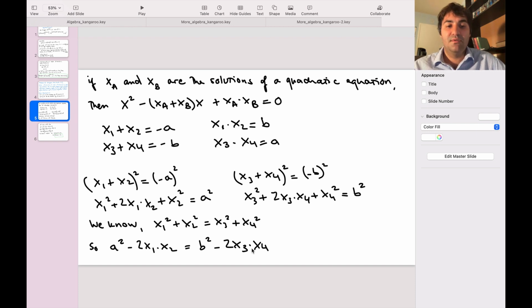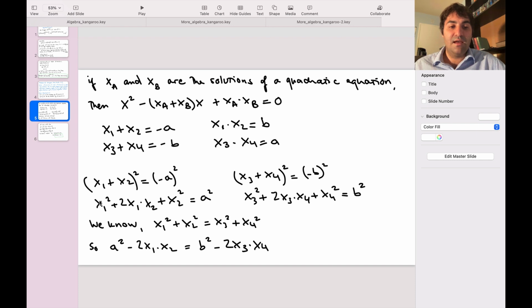Now we know the sum of the squares of the solutions of the first equation is equal to the sum of the squares of the solutions of the second equation. So we get x1² + x2² equals x3² + x4². We can just plug this in, right?